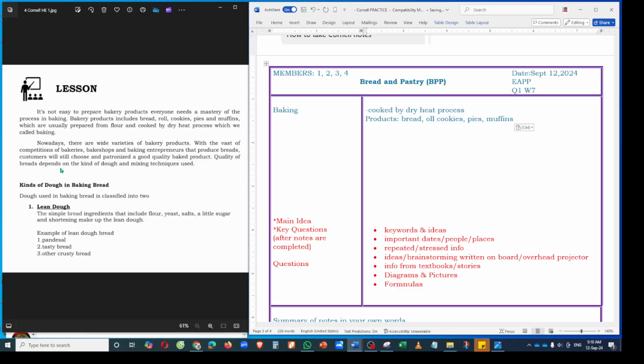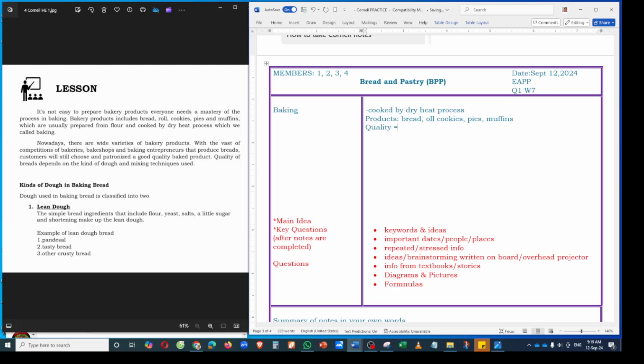Quality of breads depends on the kind of dough and mixing techniques used. So, ito naman yung important information dito. Para maka-customer ka, gusto mo makabenta ng maayos na bread, you have to have good quality bread. So, you will write the word quality.